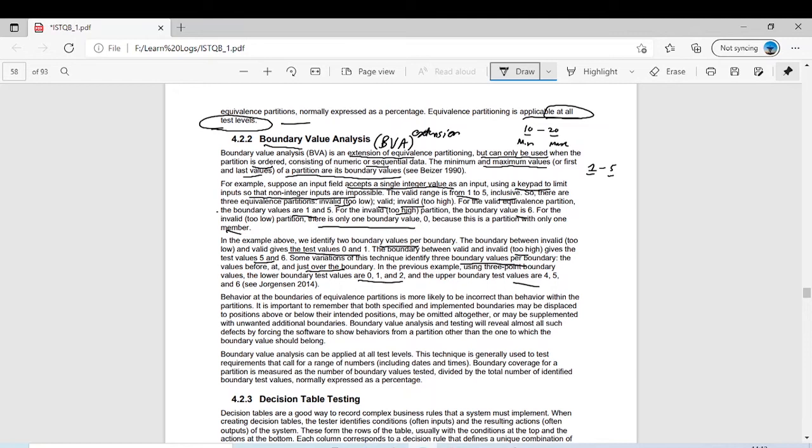It is important to remember that both specified and implemented boundaries may be displaced to positions above or below their intended positions, may be omitted altogether, or may be supplemented with unwanted additional boundaries. That's why boundary value analysis and testing will reveal almost all such defects by forcing the software to show behavior from a partition other than the one to which the boundary value should belong.